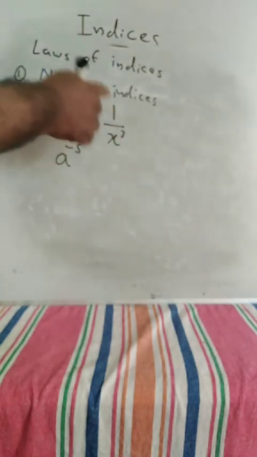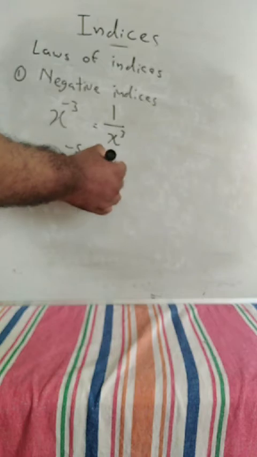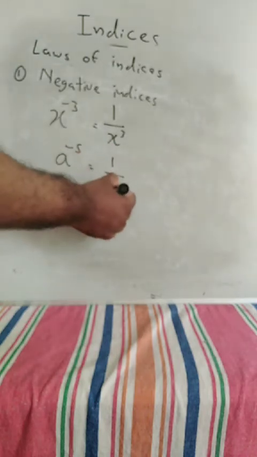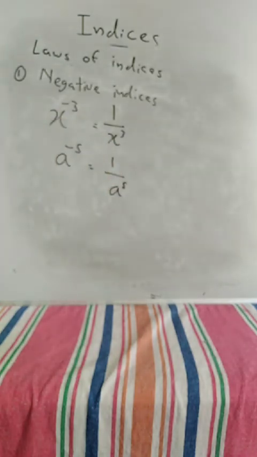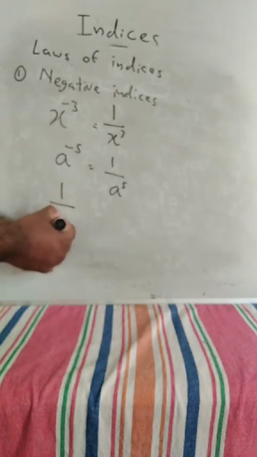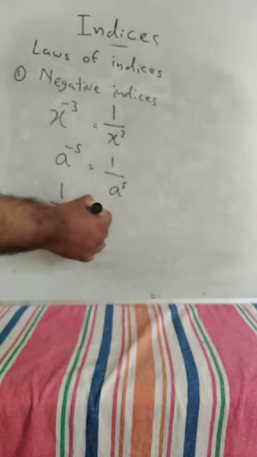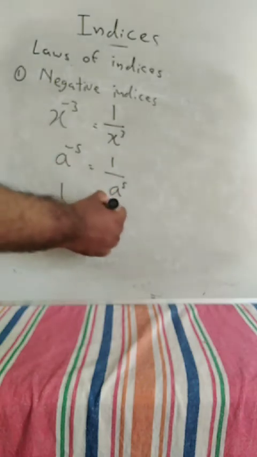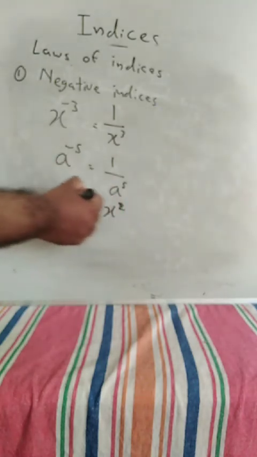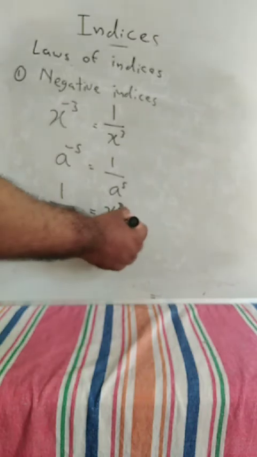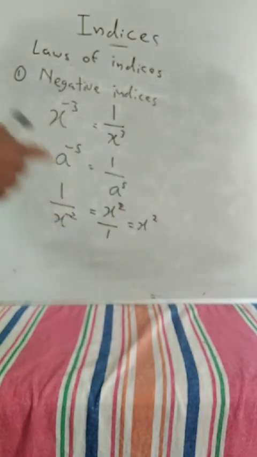Here this is a positive index. This also: numerator 1, denominator a to the power 5. Here x to the power minus 2 is a negative index. Convert it to a positive index: it goes to the denominator and 1 goes to the numerator, 1 over x to the power 2, the reciprocal. Understand? This is negative indices.